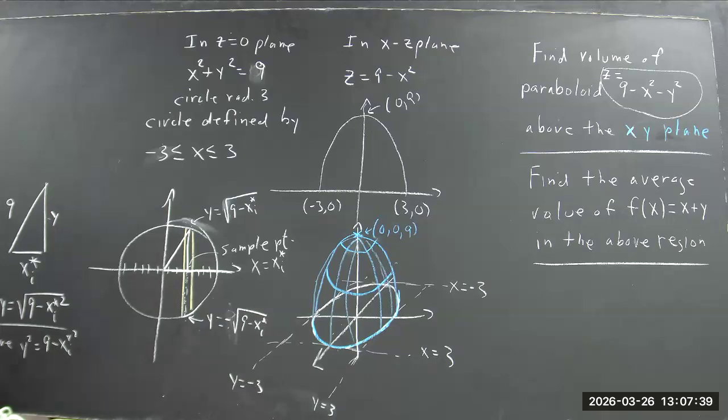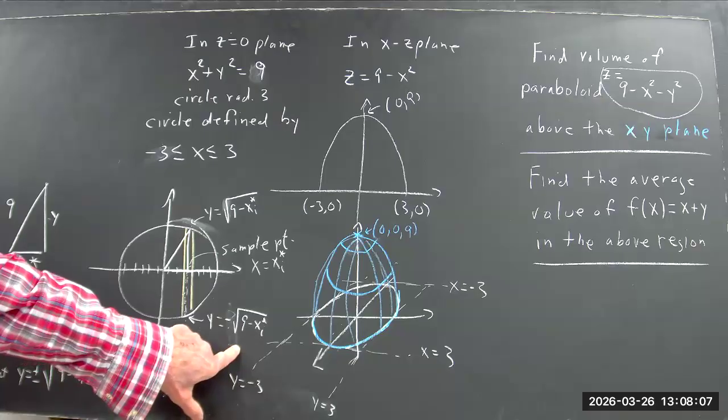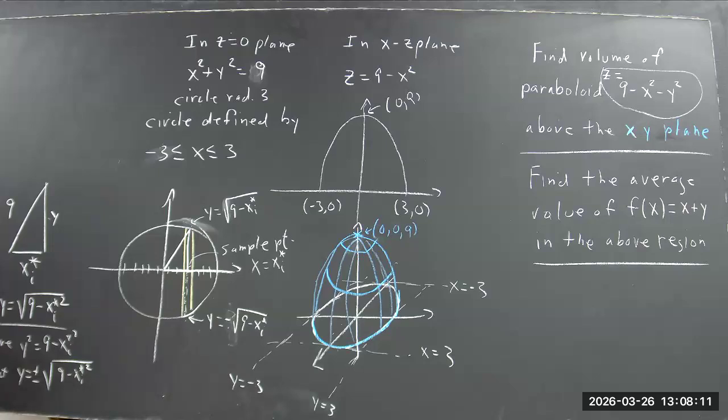I told you, a little distracted today. Okay. Y squared is 9 minus xi star squared. What you get is y equals plus or minus the square root of 9 minus xi star squared. So right there's where the minus is, right? Right there on the picture that you should be drawing. Okay?